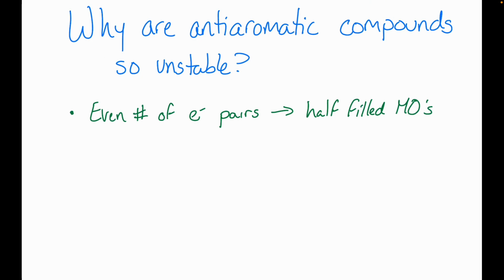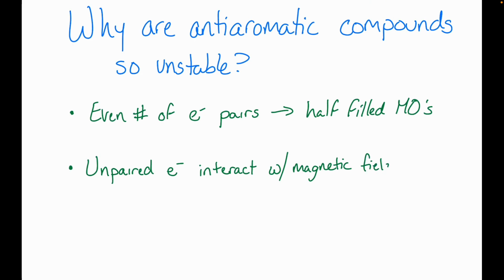Okay? If we have unpaired electrons, they interact with a magnetic field. We call this paramagnetism.